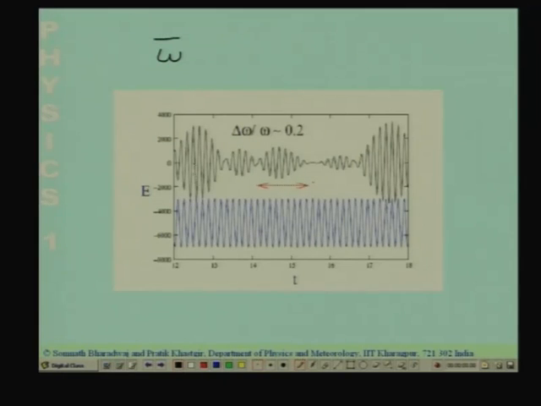So you still have the oscillations at this central value, but the amplitude of this oscillation changes slowly on a time scale t, which is of the order of 2 pi by delta omega, or you can write this as of the order of 1 by delta nu.